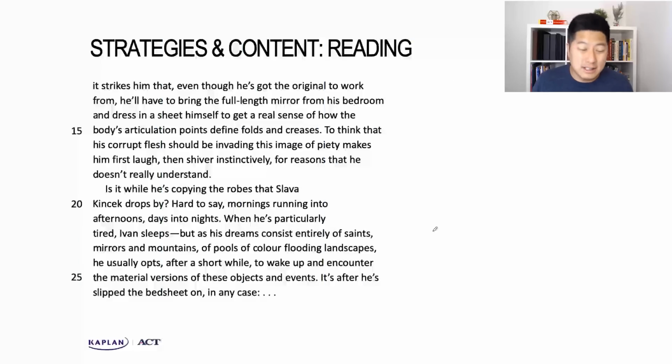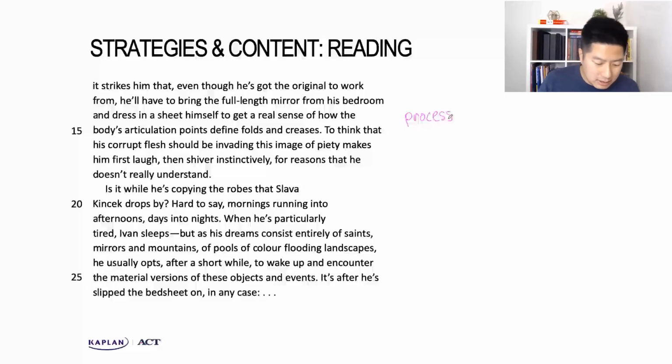Okay, so in the second section, listen, I don't want you to spend too much time trying to learn every little thing about Ivan or about the story. We can always come back for those details as necessary. Instead, we should again focus on why the author wrote these paragraphs. Here in this portion, he's really just talking about the process that Ivan is using here.